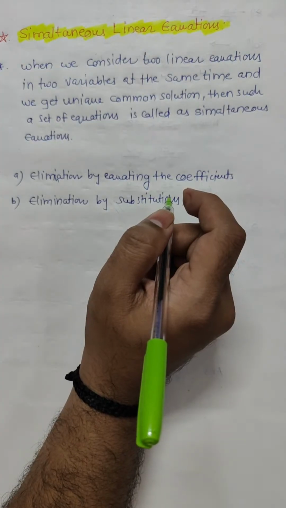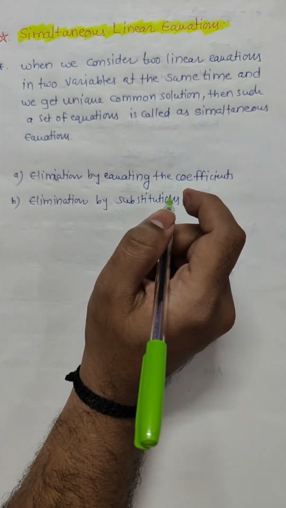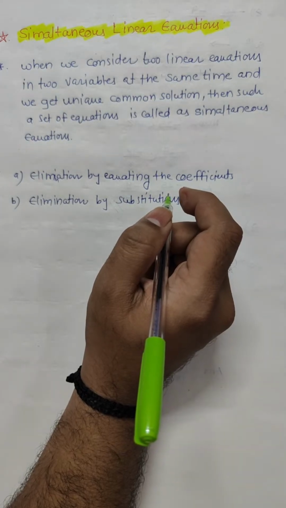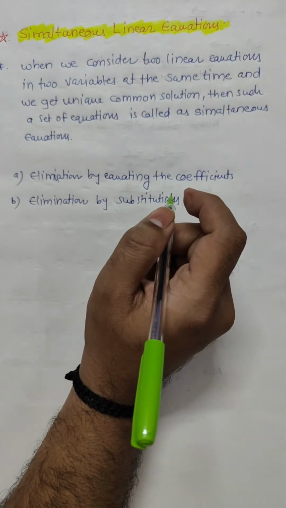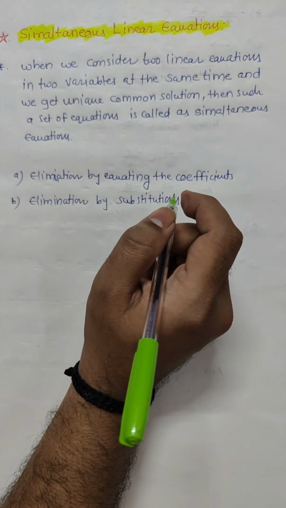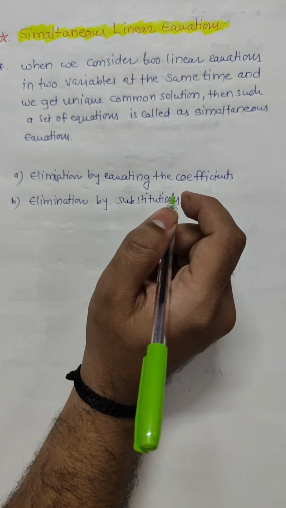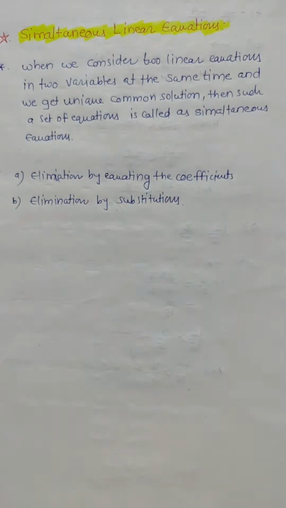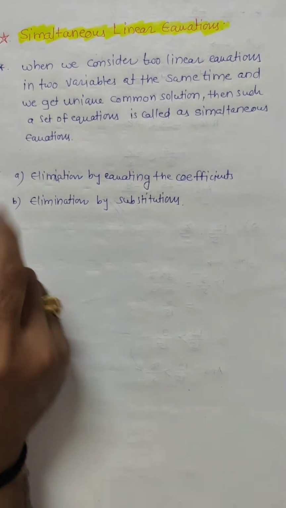Now we move towards simultaneous linear equations by eliminating one variable. Let us revise it firstly. We move towards some solved examples given in your book.